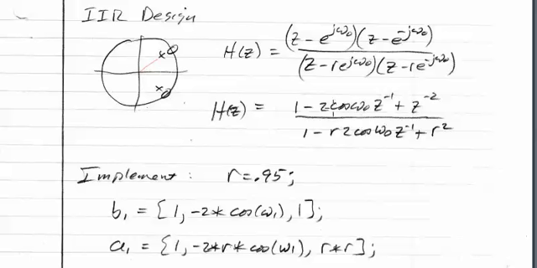So this is the standard form for an IIR notch filter, and let me erase that and make that a little bit better. That should be r squared. My eraser's not working very well. Okay, here we go.